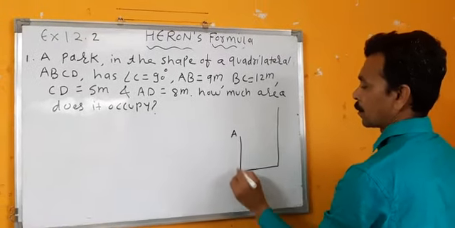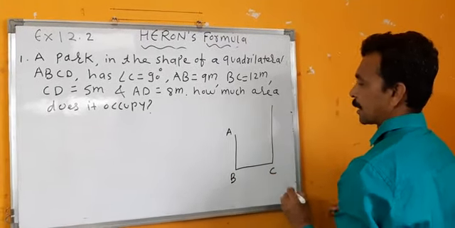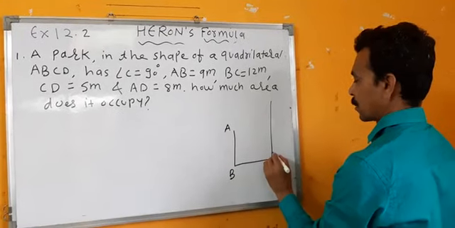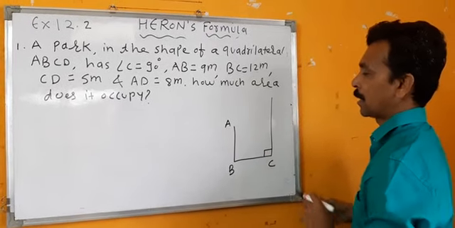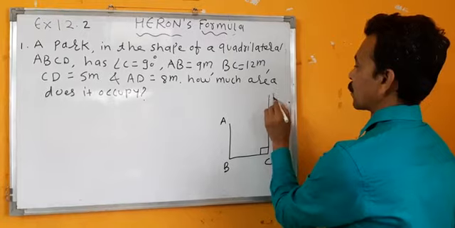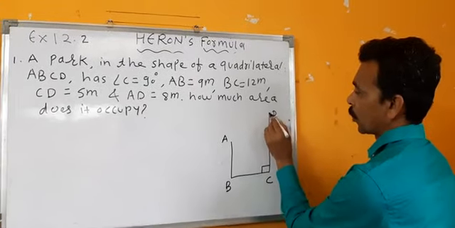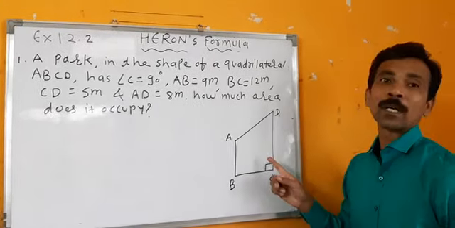This is A, this is B, this is C. C is how much? 90 degree, right? And this will be D. We'll join A and D. This is quadrilateral.